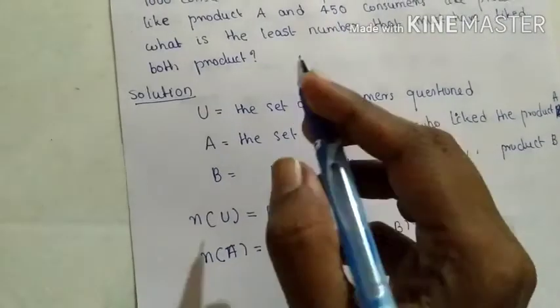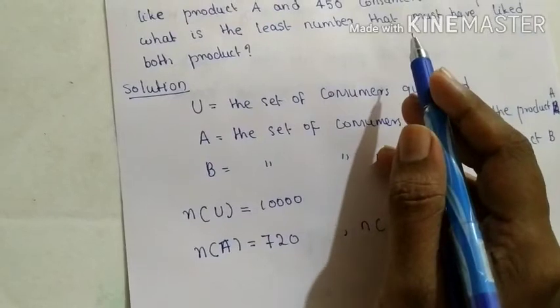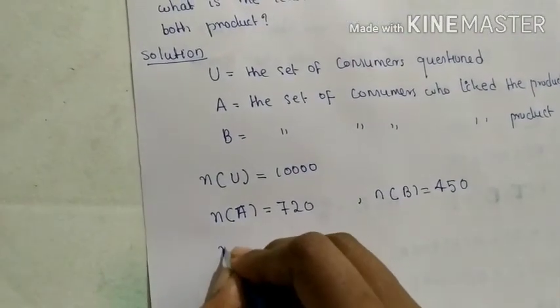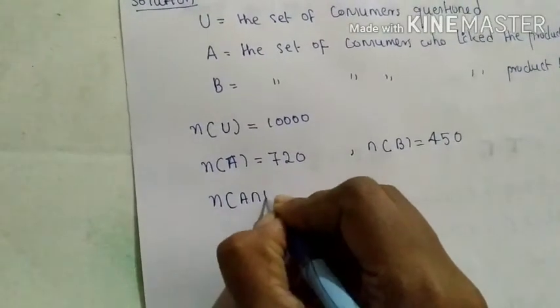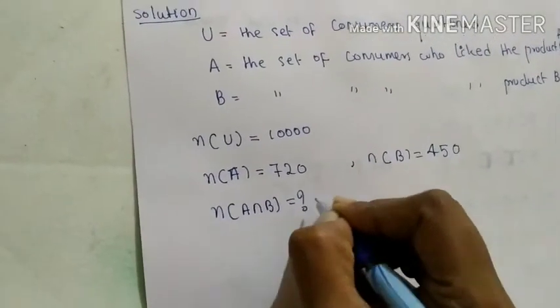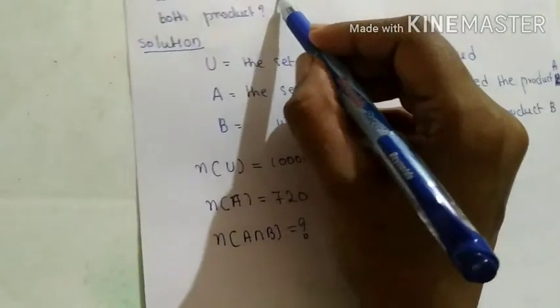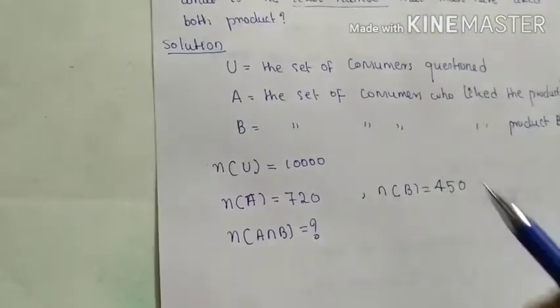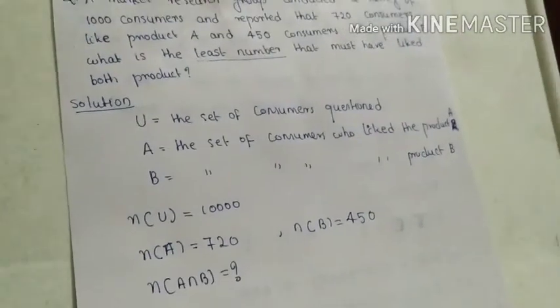We need to find out the least number that must have liked both product A and B. That means we need to find n of A intersection B. Note that least number that must have liked both product A and B.